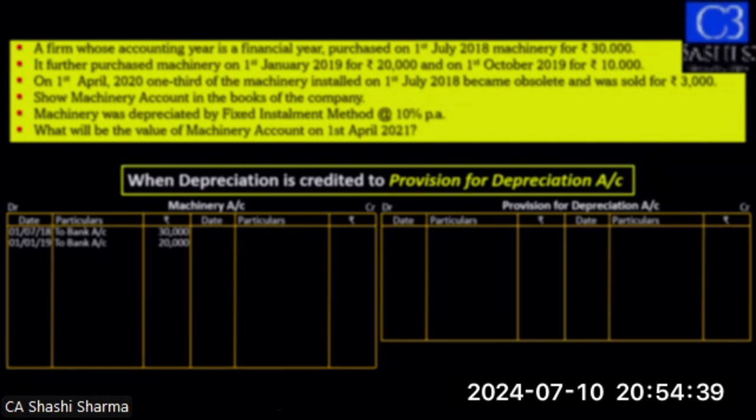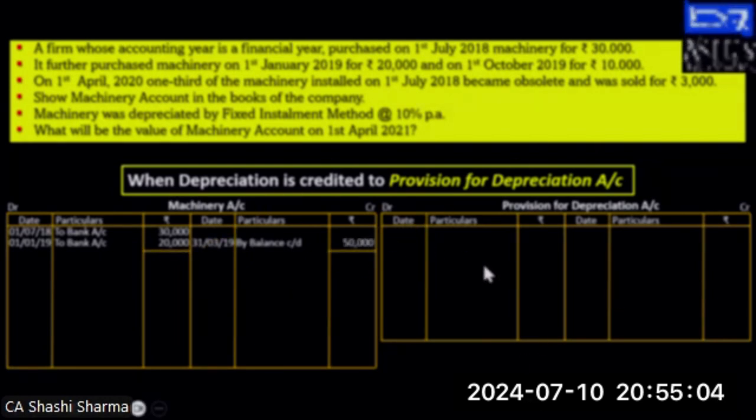And at the end of the year, we will simply write balance CD. We will not credit this account by the depreciation. So this is the machinery account for first year.